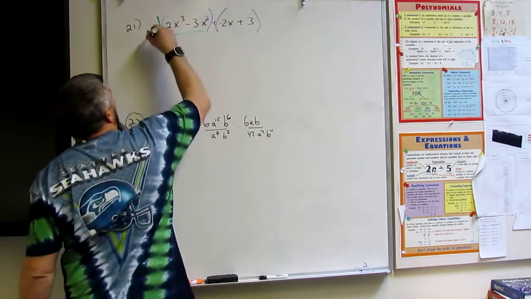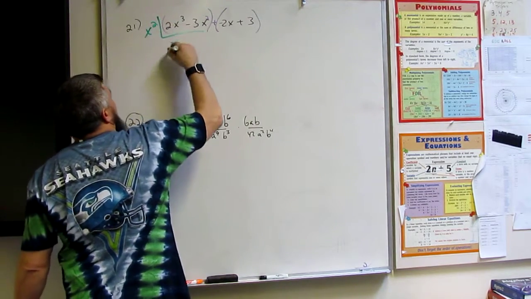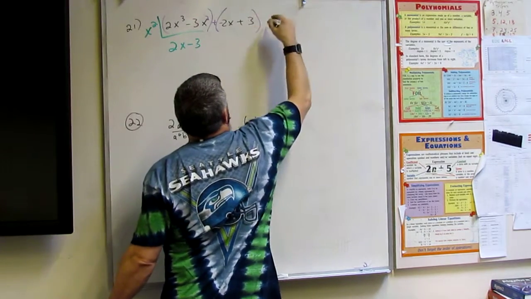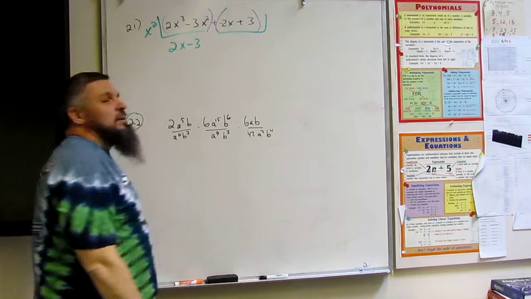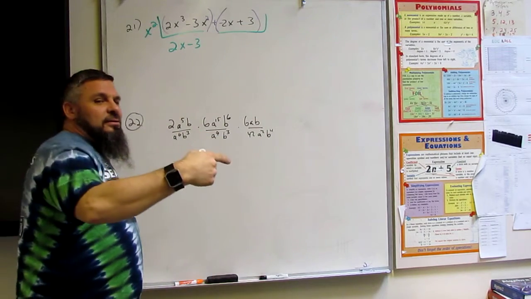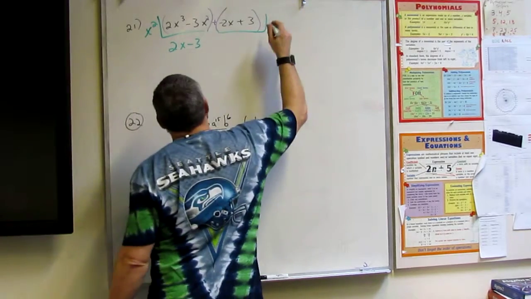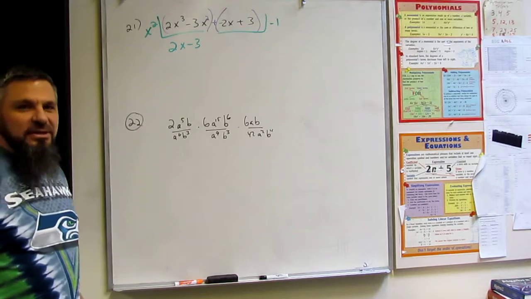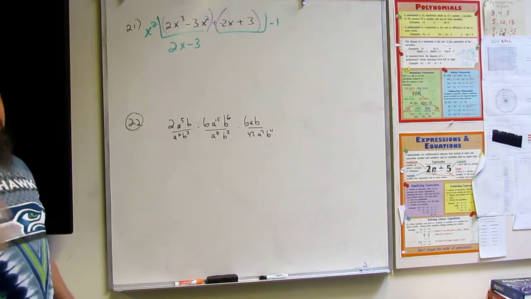I'm going to go in and ask, what goes into both of these? X squared. Okay, so I got 2x minus 3. And then what goes into both of these? Negative 1. Why would I want to use a negative 1?